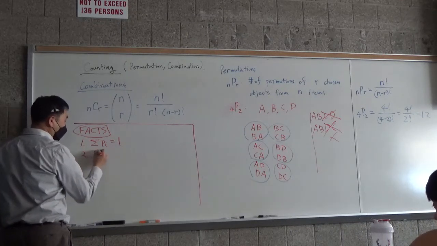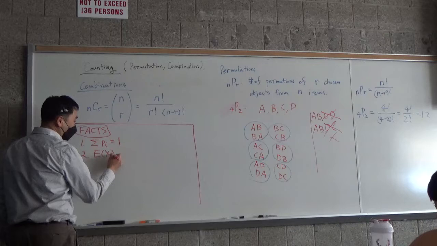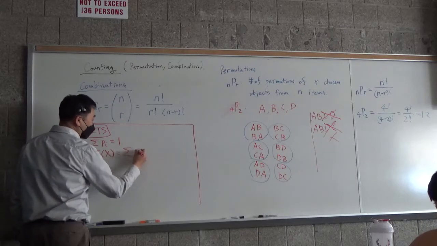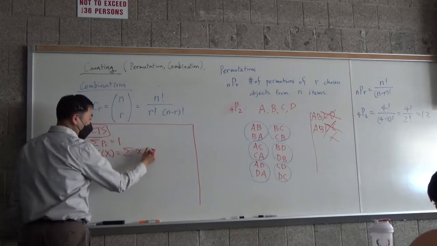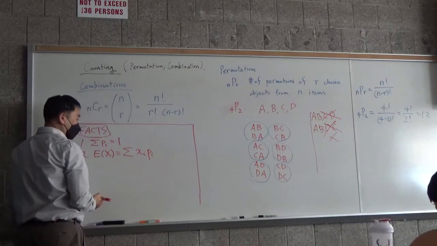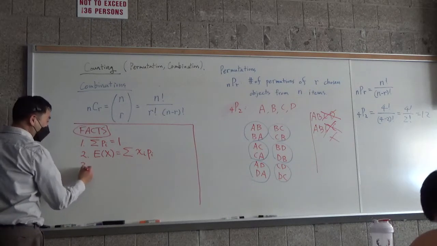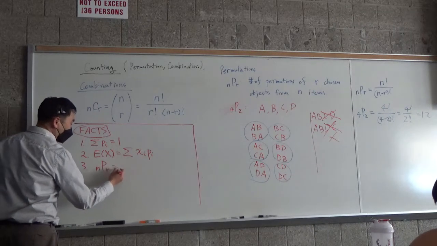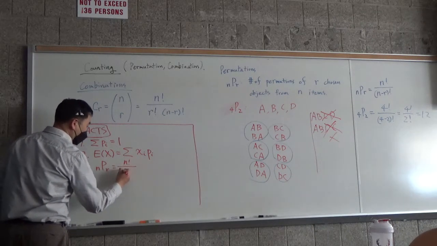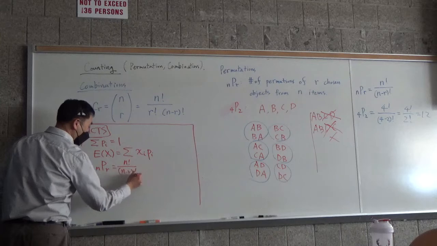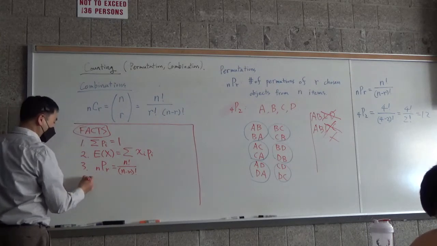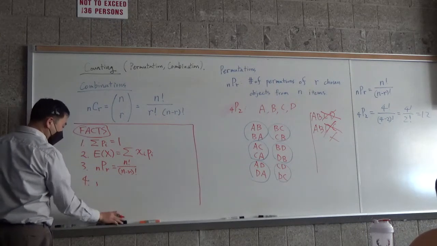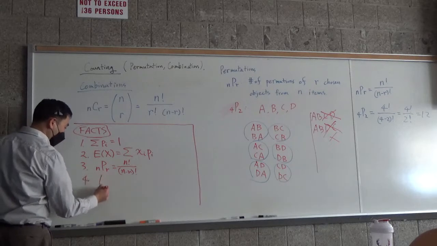Number 2, expectation of a random variable. What is it? You add each possible value times the probability that it can happen. Right? Number 3, NPR is n factorial divided by n minus r factorial. And number 4, NCR, or more like n choose r.